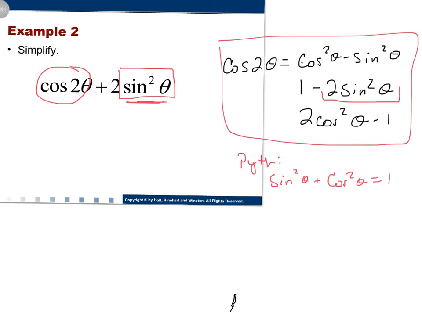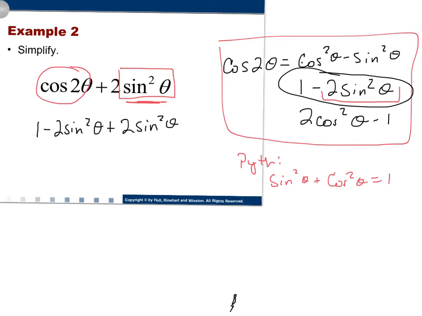Well, I see that if I substitute this one in for my cosine double angle, it's at the least going to match the same term I have on the right-hand side of the addition symbol. And I notice here, once I do that, I have 2 terms that are exactly the same.